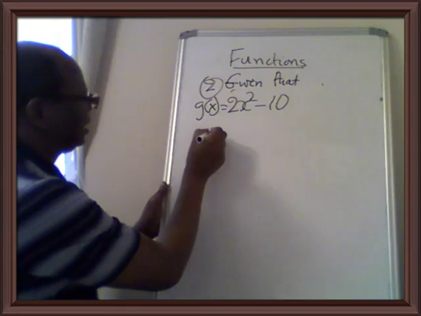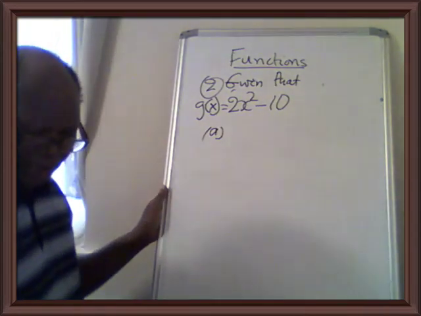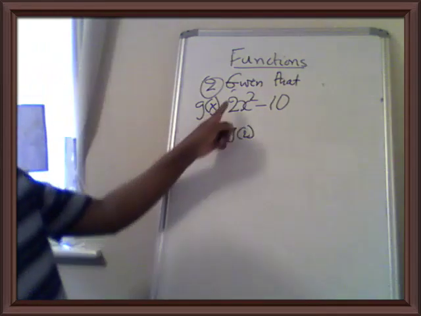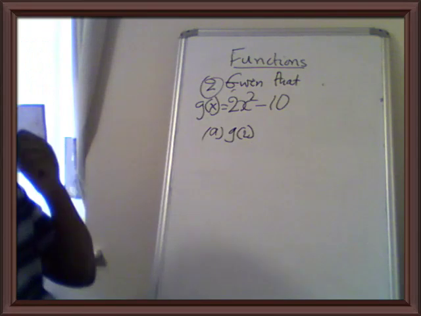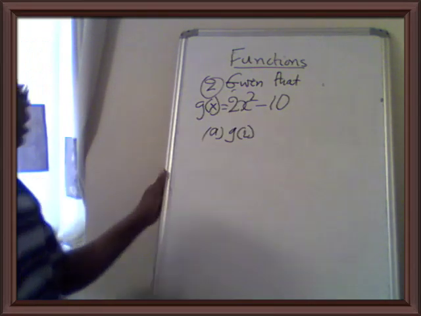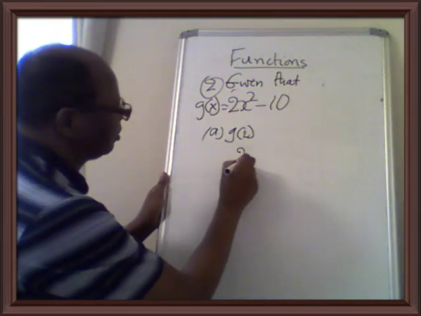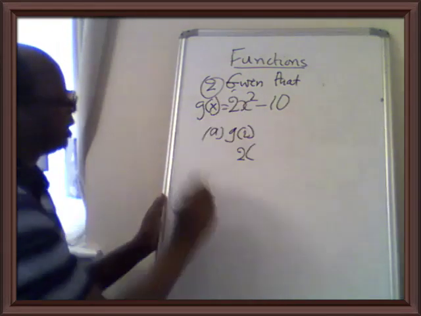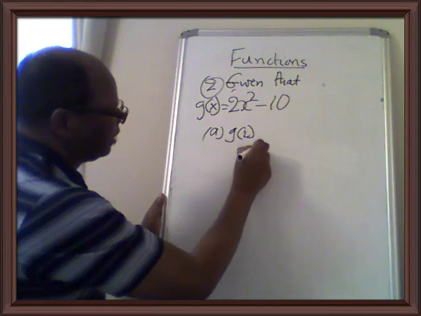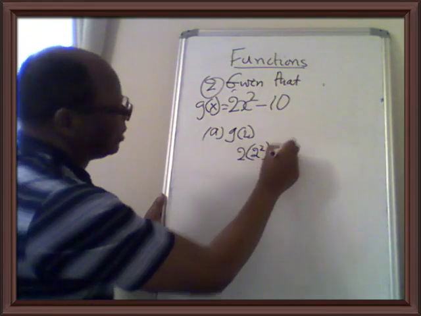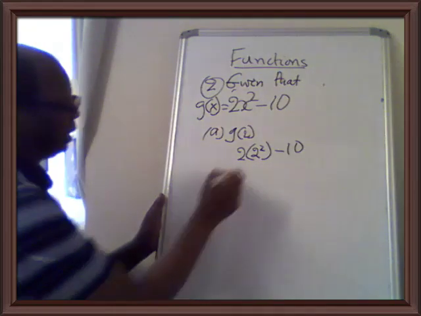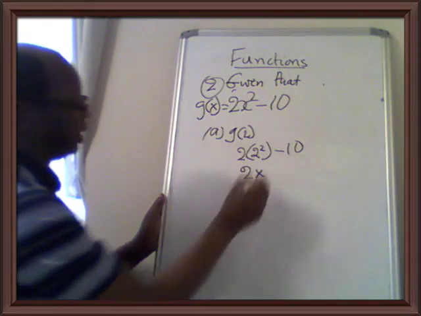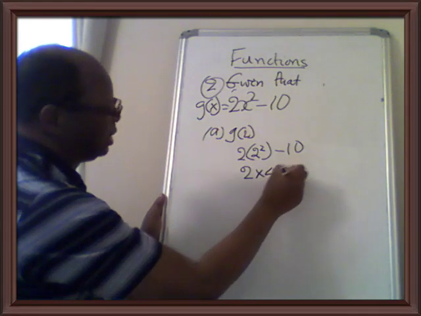The first part says find g of 2, which means wherever there is x, put 2. So x is 2. Therefore, I'm going to have 2 in brackets, and there's going to be x squared, and that x squared is going to be 2 squared, and then I subtract 10. So next I'm going to have 2 times 2 squared, which is 4, minus 10.